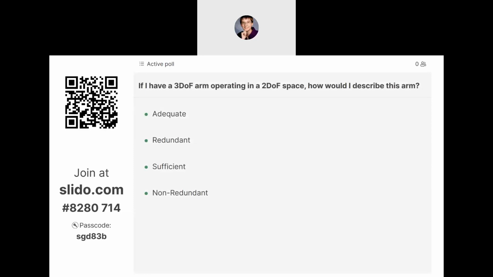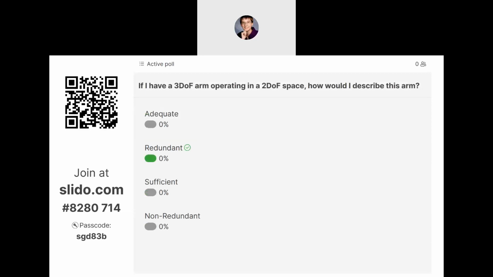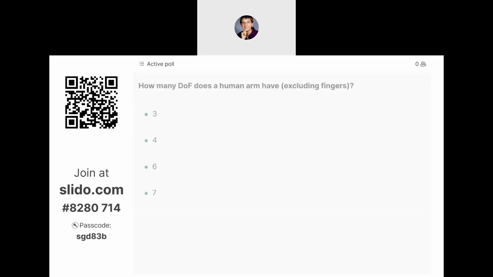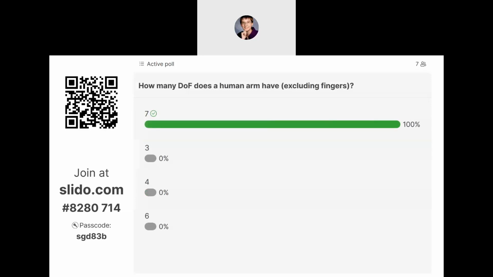So redundant arms have more degrees of freedom than in the space that they're working in. So this is just another check to see sizes. So I will upload these so you can verify those as well. Degrees of freedom in an arm, 7 degrees of freedom, 3 shoulder, 1 elbow, 3 wrist.